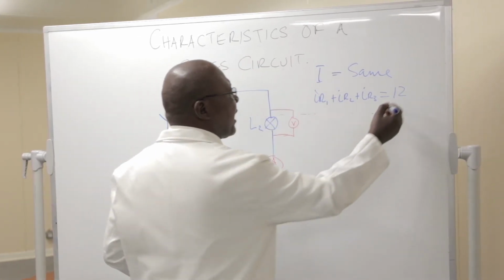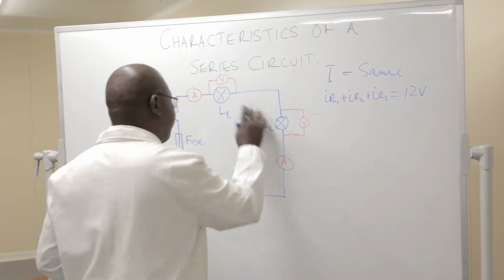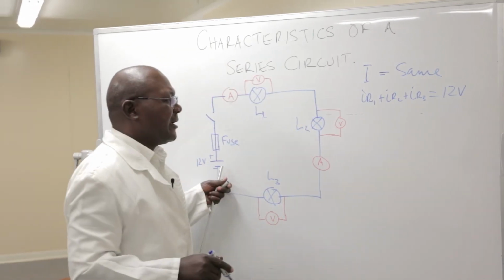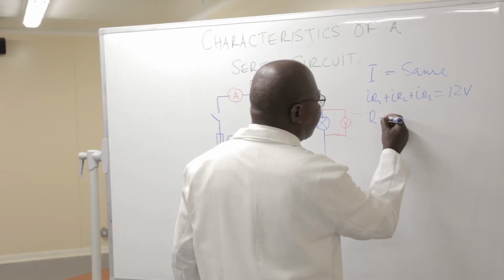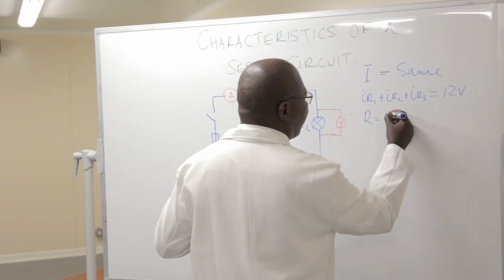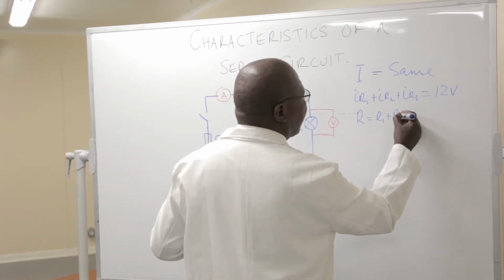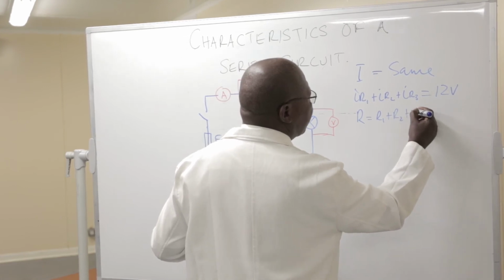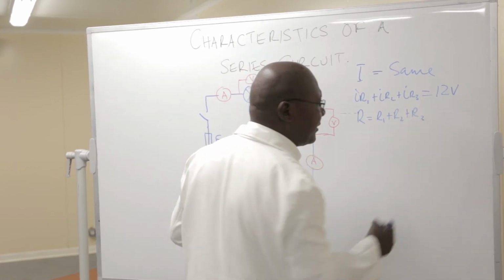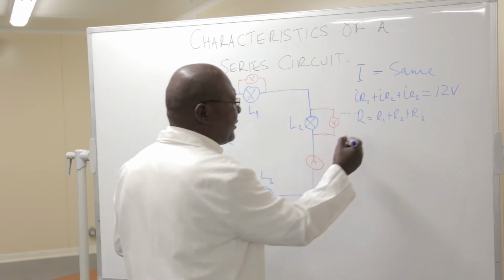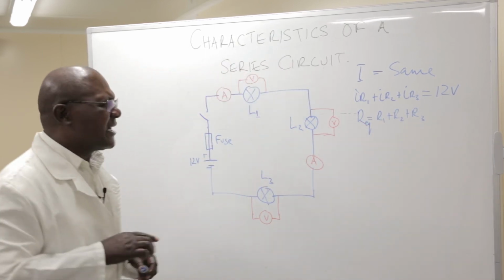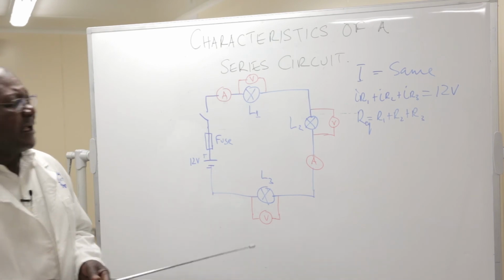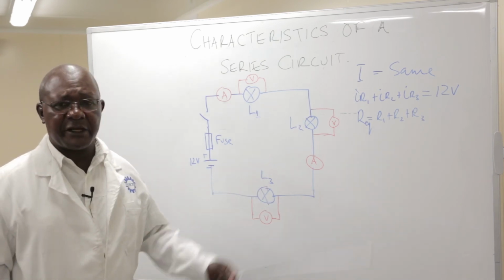So the additive of all the voltage drops in all these will add up to there. And then R, which is the resistance, is equal to R1 from lamp 1 plus R2 from lamp 2 plus R3. So that's the total resistance in that circuit. Those are the major characteristics of a series circuit.